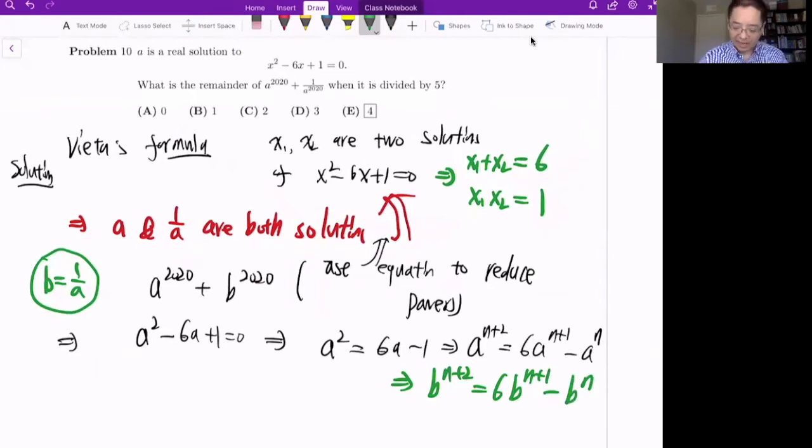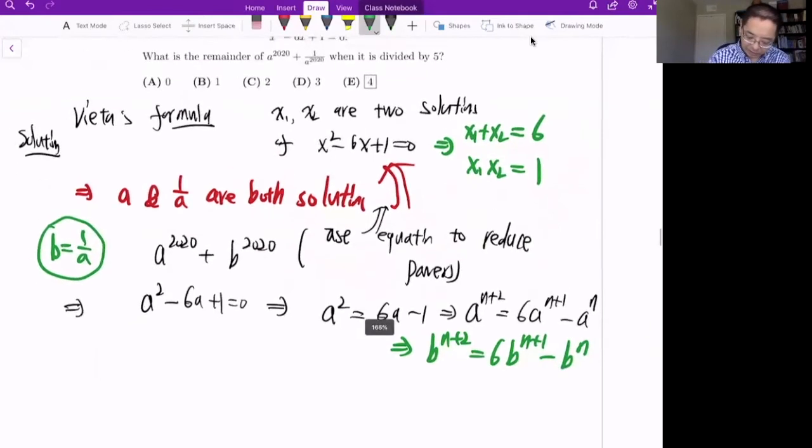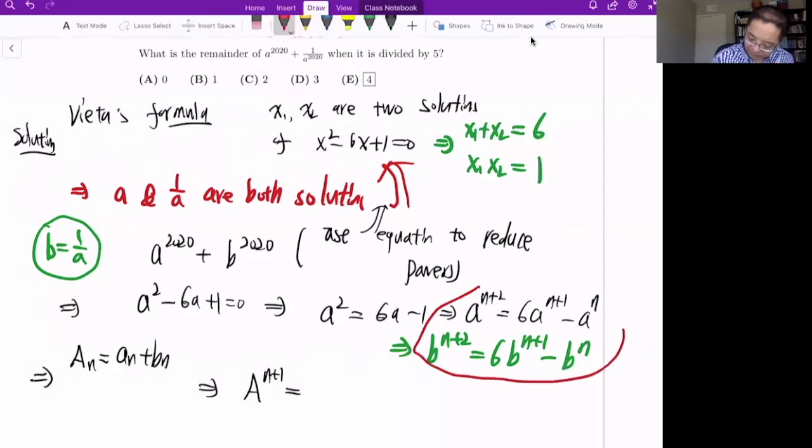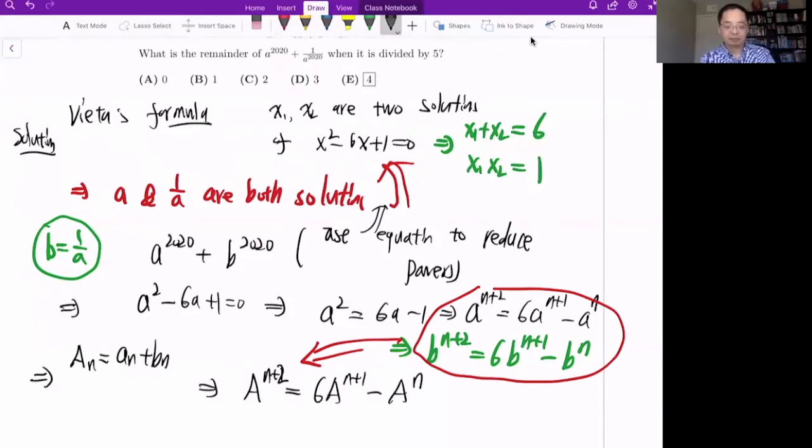Okay, so now we can add them together. If I write capital A_n equals a to the n plus b to the n, then I combine these two, and capital A_(n+2) equals 6 times A_(n+1) minus A_n. Here A_n is a to the power n plus b to the power n.